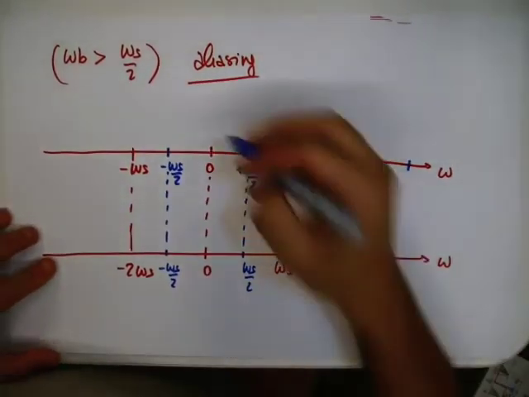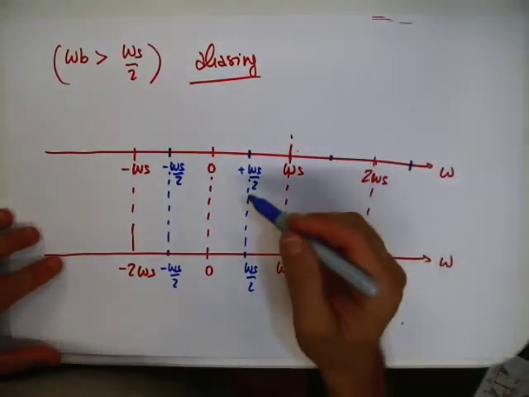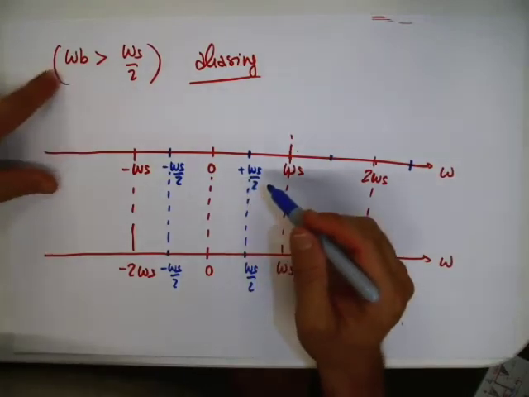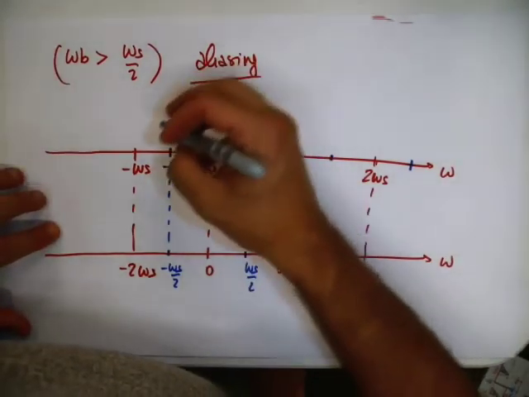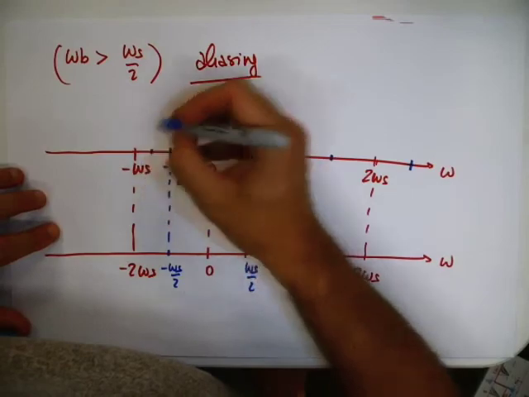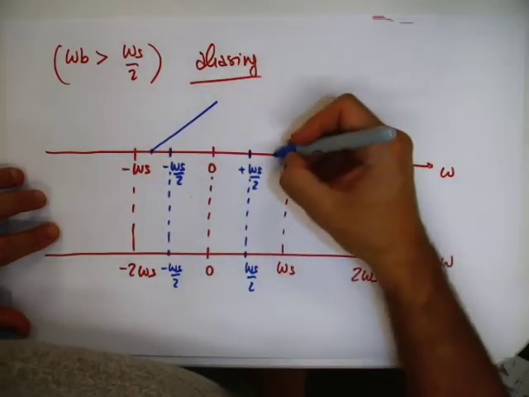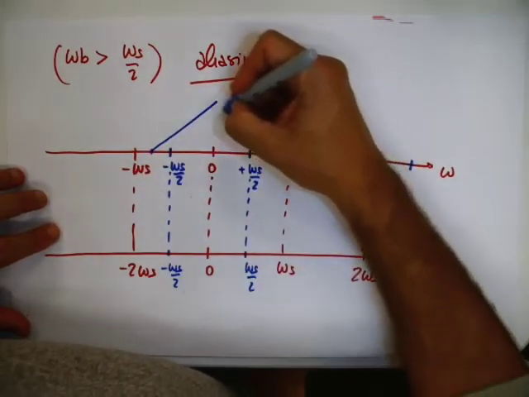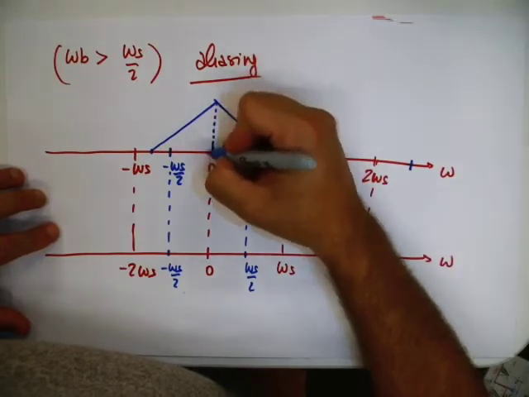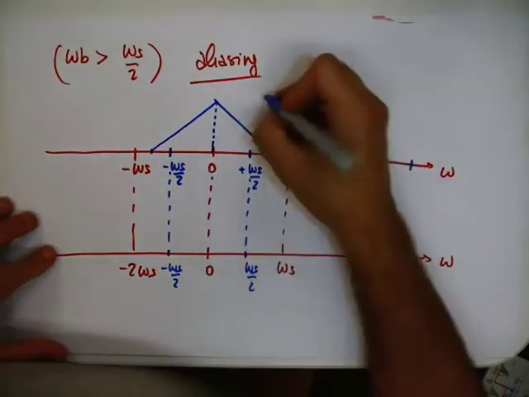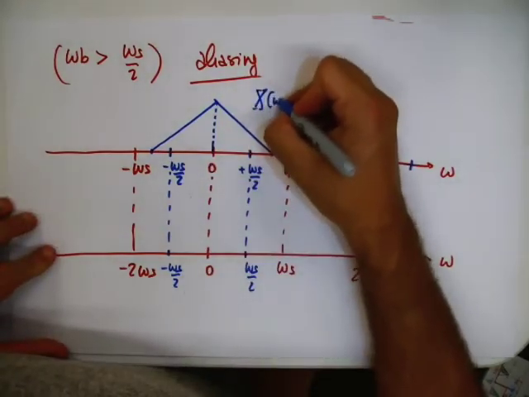What's going to happen now is that we are undersampling the signal. So for example, now the spectrum is going to be wider, something like this. Okay, this is the original x of omega.